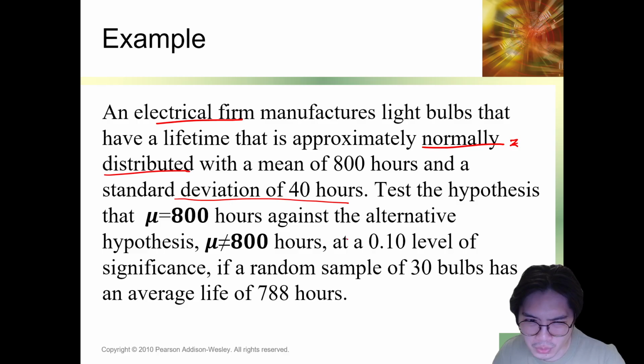You don't know what the standard deviation is. Test the hypothesis that mu is equal to 800 hours against the alternative that it is not 800, so it can be either higher or lower than 800 hours, at a 10% level of significance if a random sample of 30 bulbs has an average life of 780 hours.